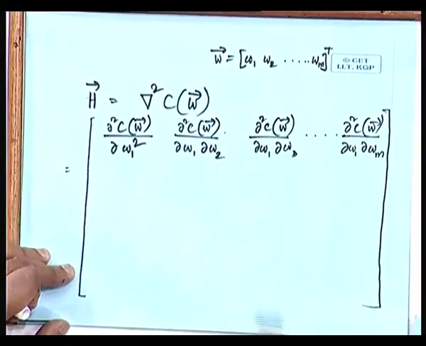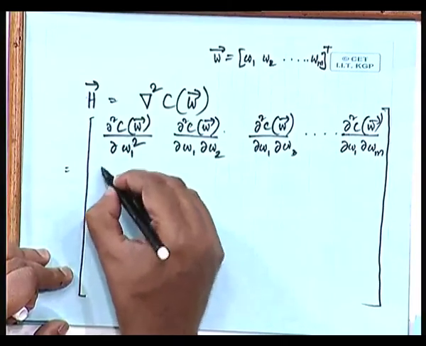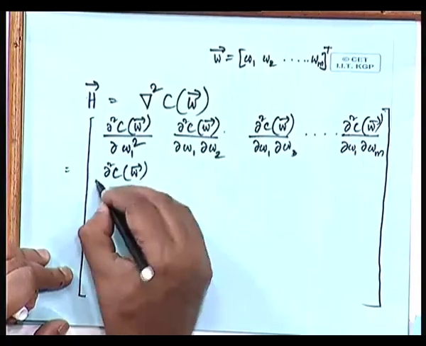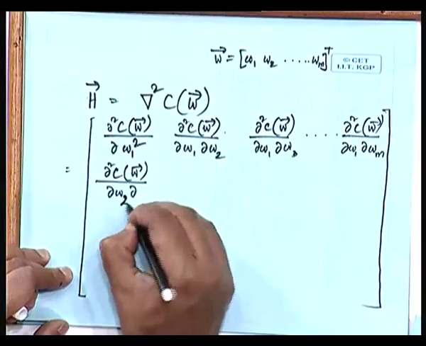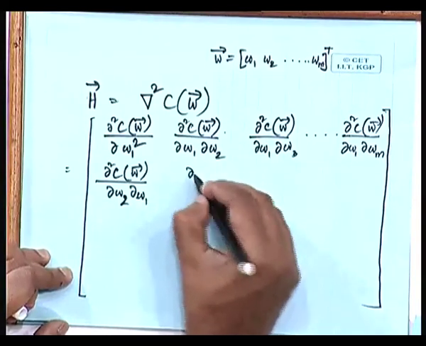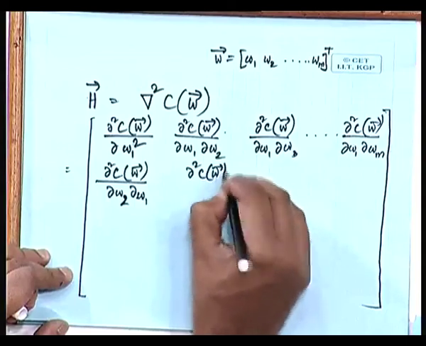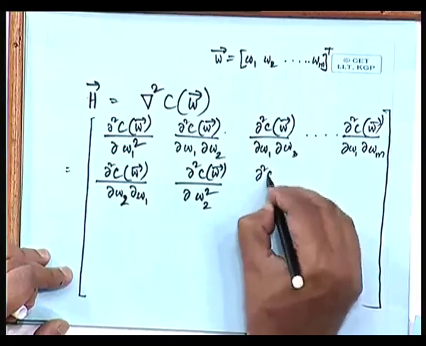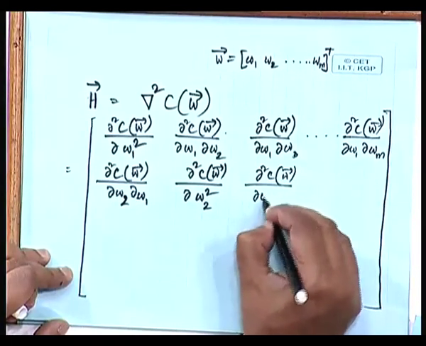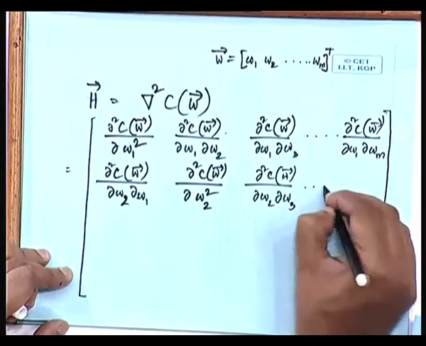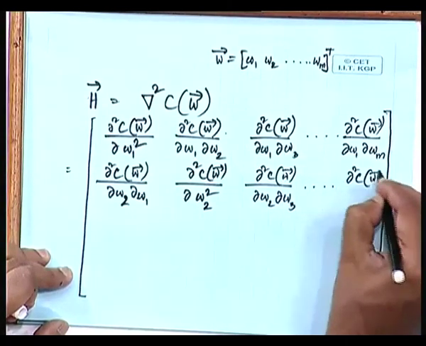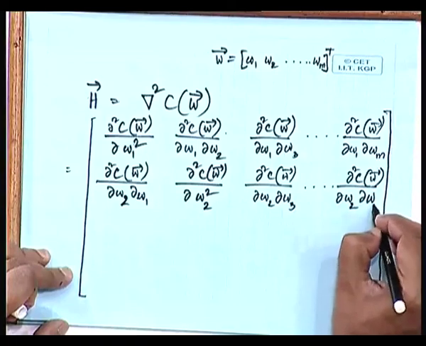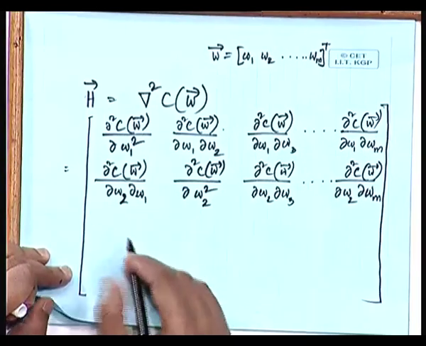So this is the first row, and what will be the second row? Correct, del W2 del W1. What will be here? Correct, very correct. Here it will be del W2 del W3.